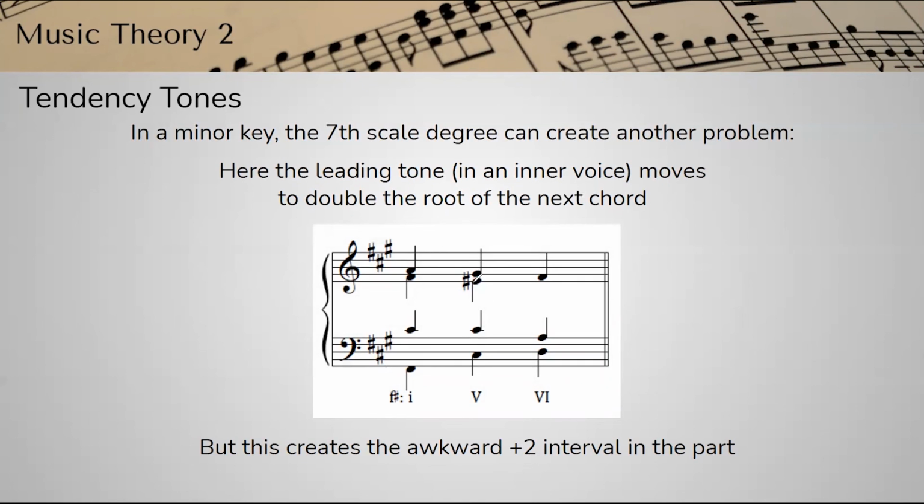So if we wanted this chord to be complete over here, if we wanted to double the root, we could move the alto down to the note D. So that would give us a complete chord with a doubled root. But this interval here is called an augmented second, which is one of those things that doesn't sound bad when you hear it, but it is really difficult to sing in context.